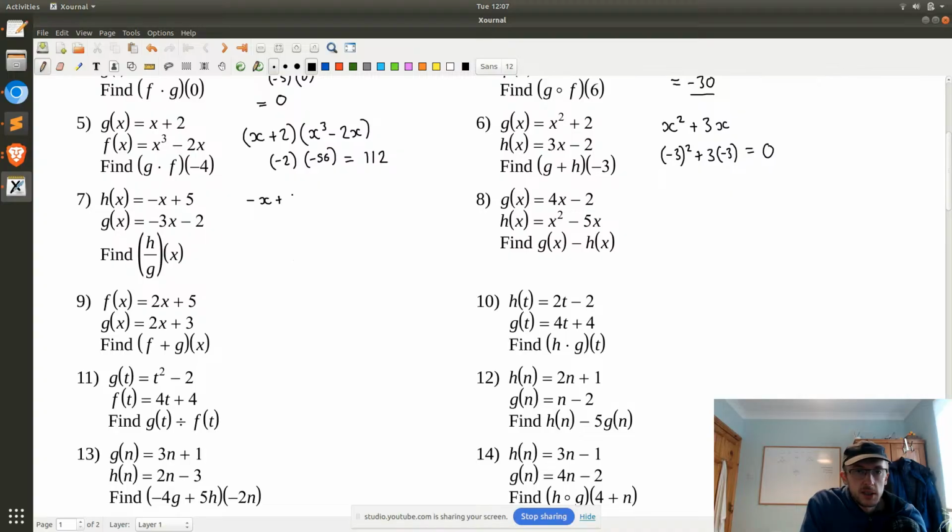Function h divided by function g. And this time, they're not asking you to plug in a number, but instead just give me the definition of function h divided by function g. And there it is. That's the definition.